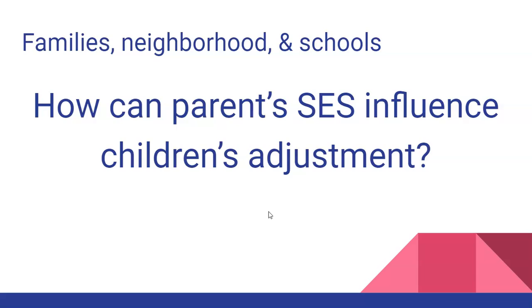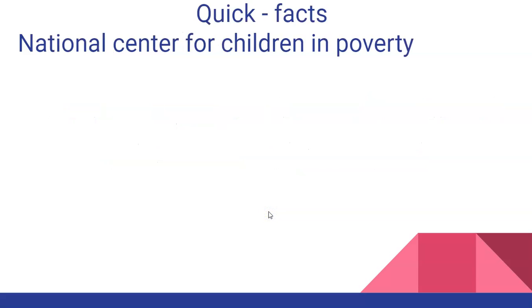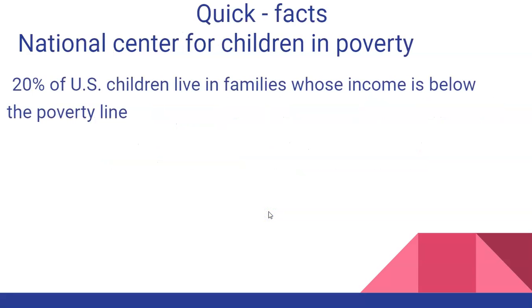So we talked about socioeconomic status. We're going to take a deeper dive into looking at low socioeconomic status, specifically families that are low income. Here are some quick facts. About 20% of United States children live in families whose income is below the poverty line.